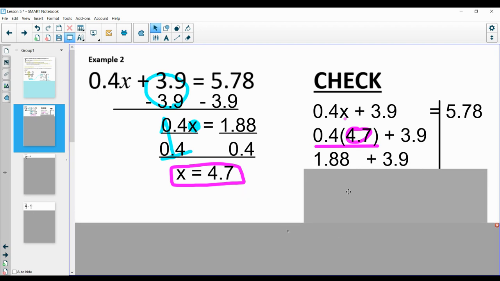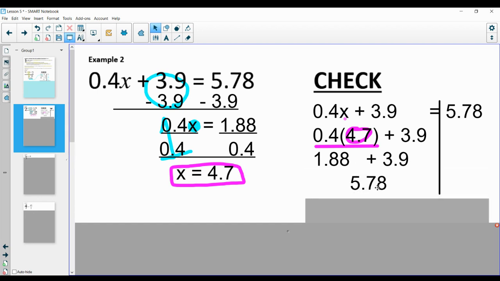And now I need to keep simplifying. 1.88 plus 3.9, and it's 5.78. So now when I substitute in 4.7 for x, the left side is equal to 5.78, and the right side is equal to 5.78. So I know I did it correctly.